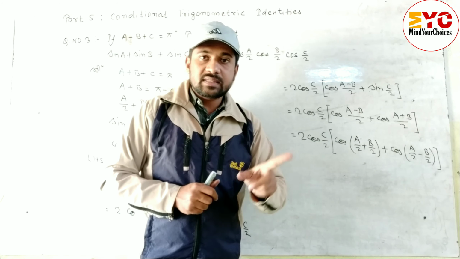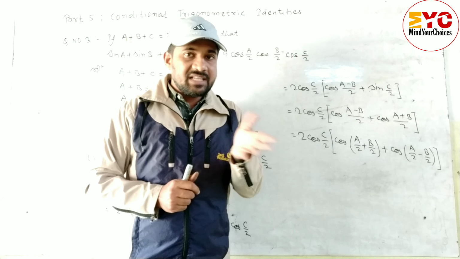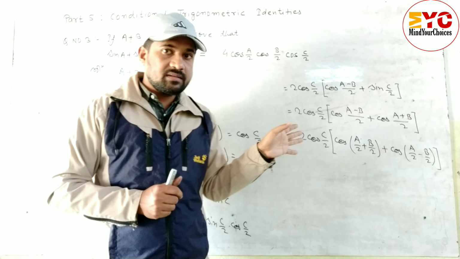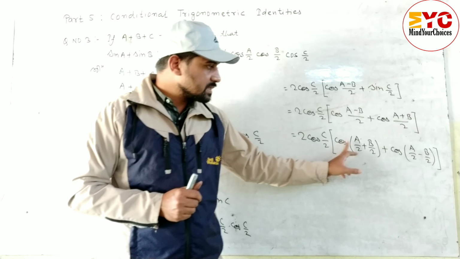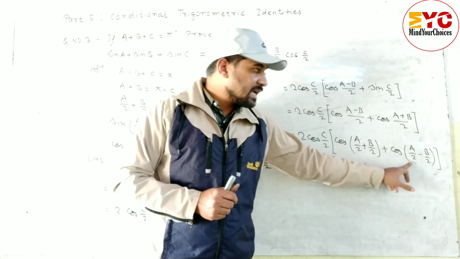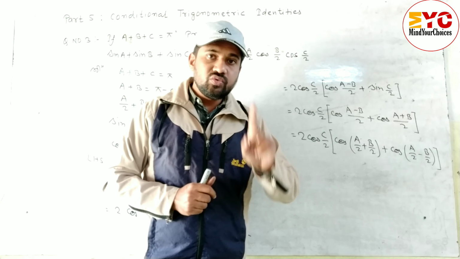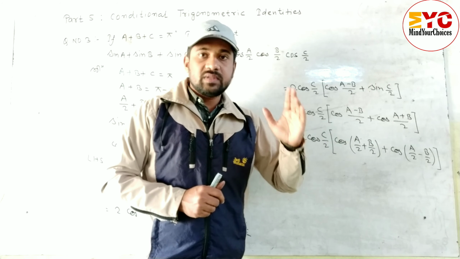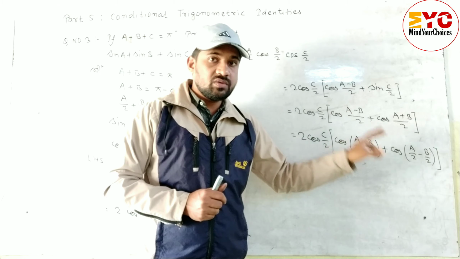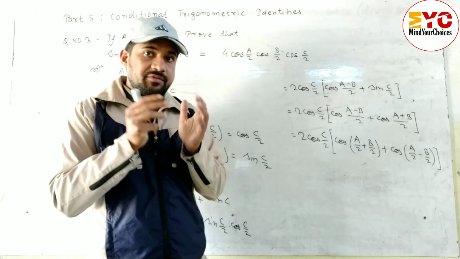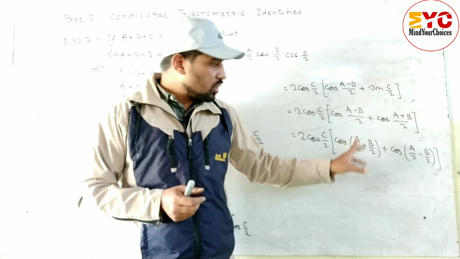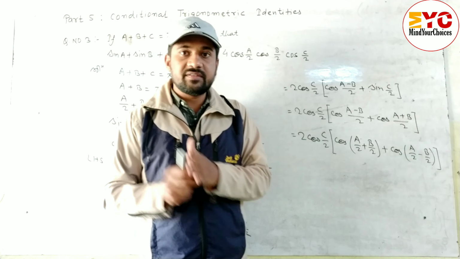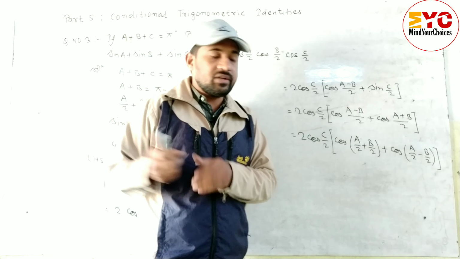If you don't know, please turn to part 4 short questions. When I started, I gave this formula: cos(A+B) + cos(A−B) equals 2 cos A cos B. Without using the cos C + cos D formula, we can directly use that formula. Or if you feel uncomfortable with it, you can use the cos C + cos D formula, which I did in the previous two videos.